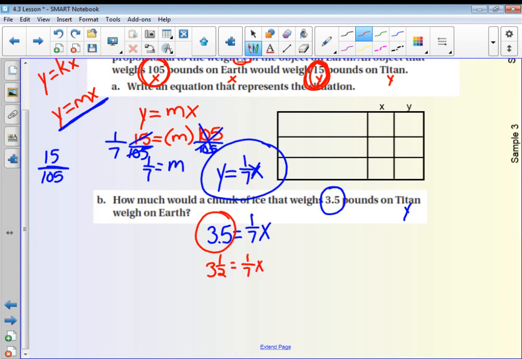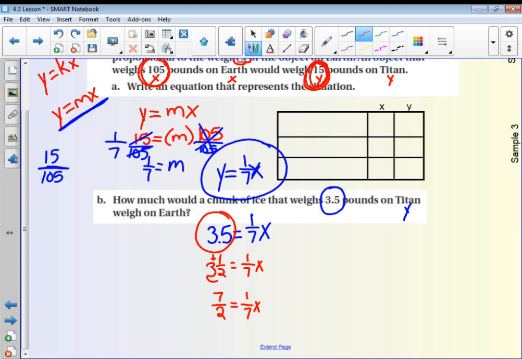Okay. So now if I were to change that, I know that when I multiply and divide fractions, if I'm leaving them as fractions, since that 1/7 is a weird decimal, I have to have a mixed number as an improper fraction. So I'm going to go ahead and convert that. So this would become 2 times 3 would give me 6 plus 1 would give me 7 over 2 equals 1/7 x.